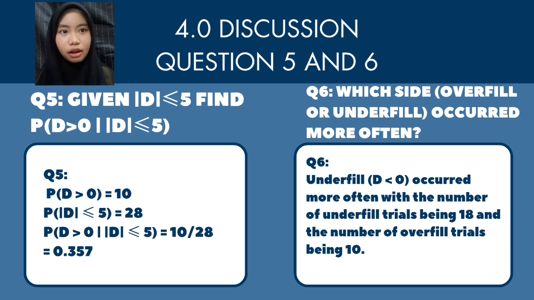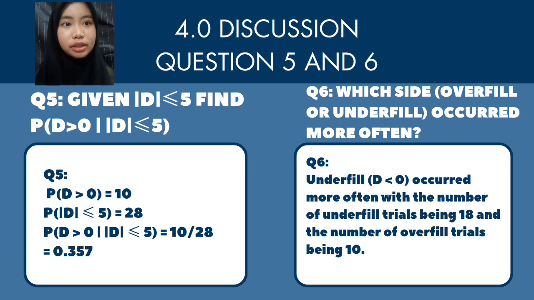Now for question 5, we are asked the probability of D more than 0 given modulus D less than or equal to 5. First of all, we need to find the number of trials for D more than 0, and that is 10. Then we need to find modulus D less than or equal to 5. Everything inside the modulus will end up positive.